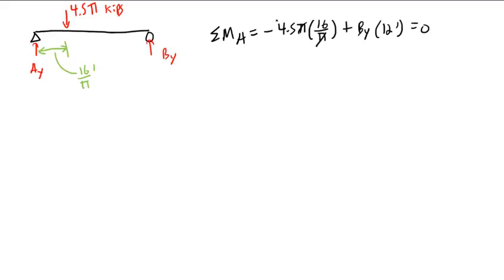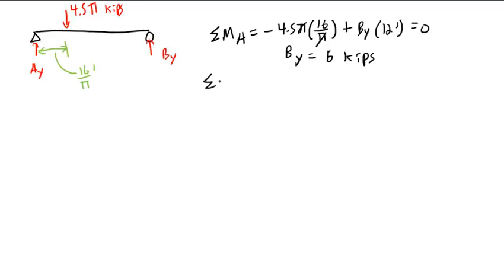And BY is going to be 4.5 times 16 over 12. BY is 6 feet, or sorry, 6 kips. BY is 6 kips. And then, let's see. Does that make sense? I'm thinking. Yeah, that'll work.